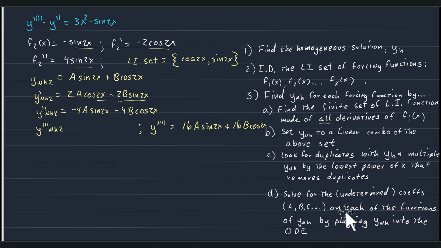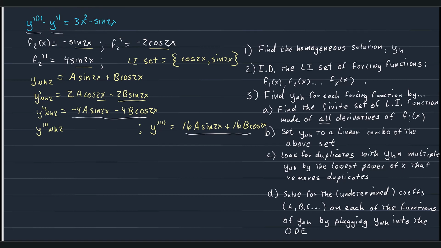So now we have to solve for our undetermined coefficients, a and b, such that when we plug the fourth derivative and the second derivative into the equation and sum them together, we get minus sine 2x.